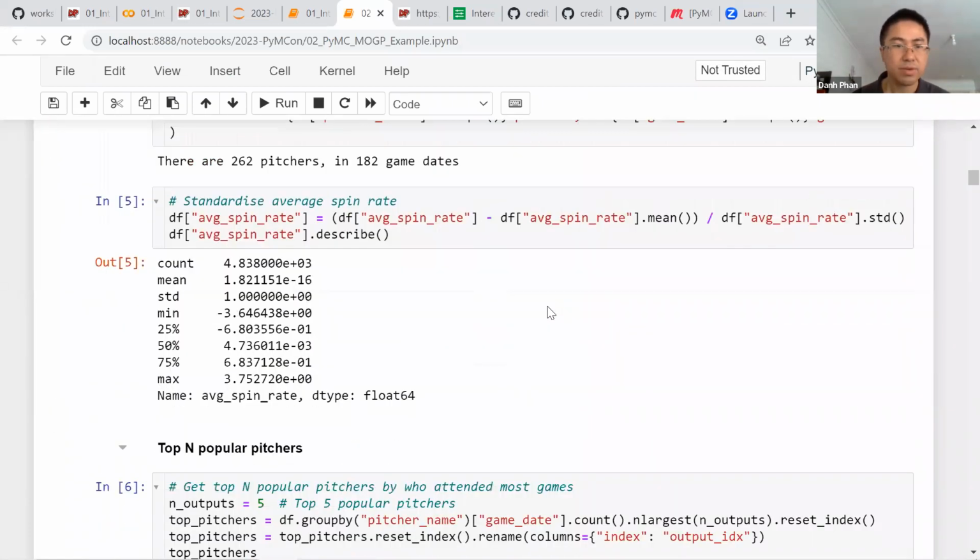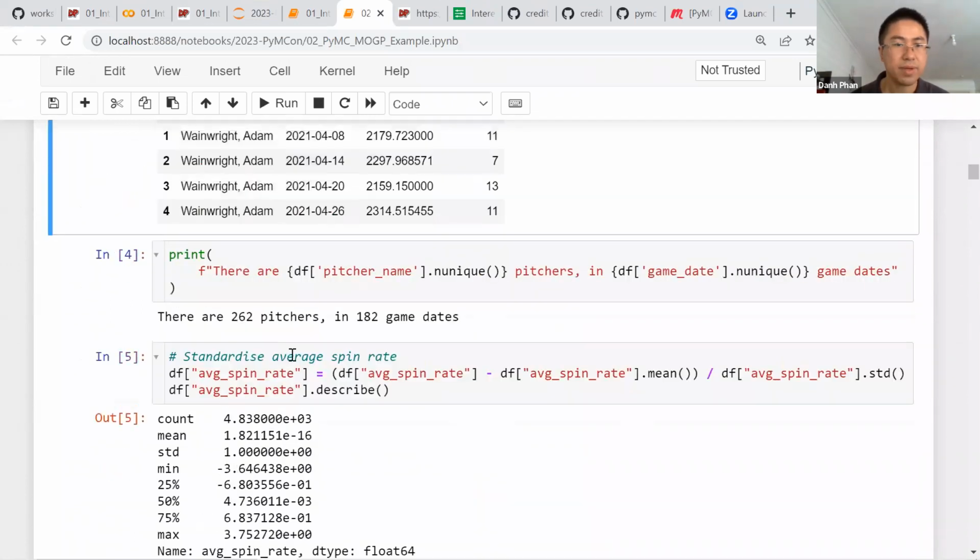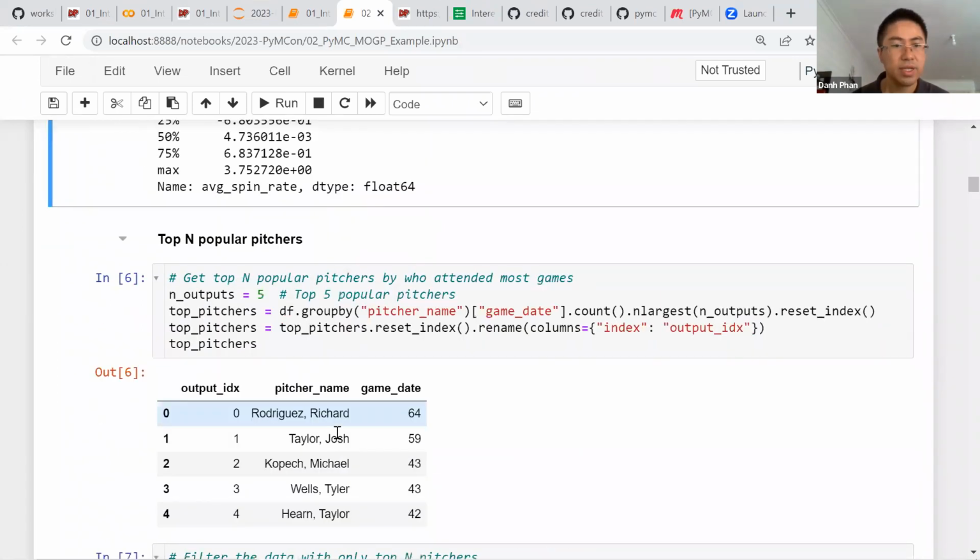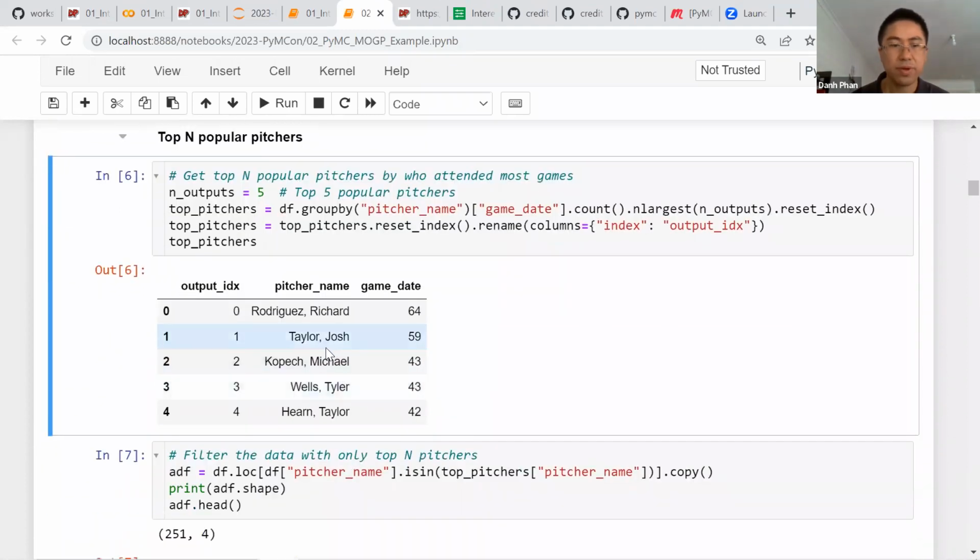From this data set, we do some normalization of the spin rate, and then we get the top five most popular players. So here we have Roger, who joined 64 games, Tyler 59 games, and so on.